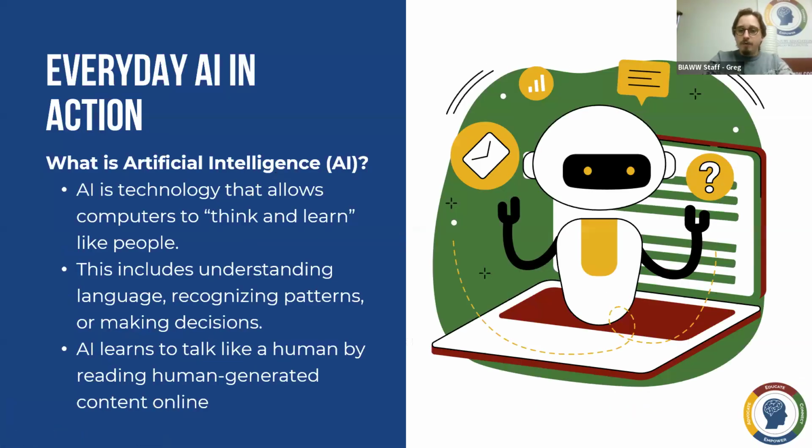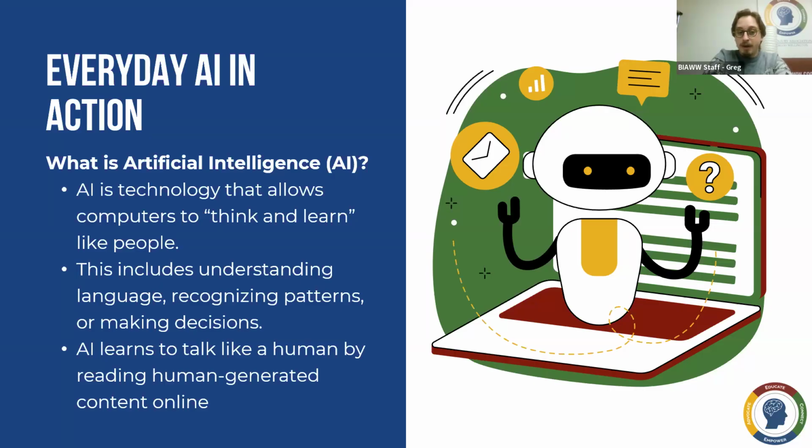So before I talk about voice assistants, I want to talk a little bit about AI. Now, we've talked about it in previous calls, but in case you weren't there or you don't remember some of those things, I'm just going to do a quick recap of it. So artificial intelligence, or AI, is a computer technology that allows computers to think and learn like people. So what this means is that they can understand language at a deeper level. They can understand sarcasm and implications.